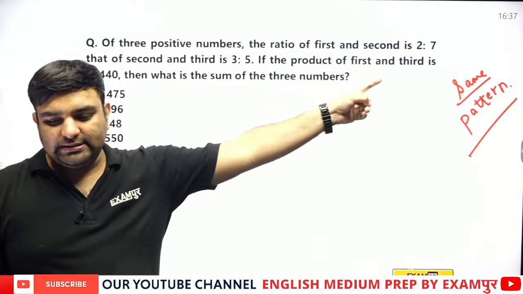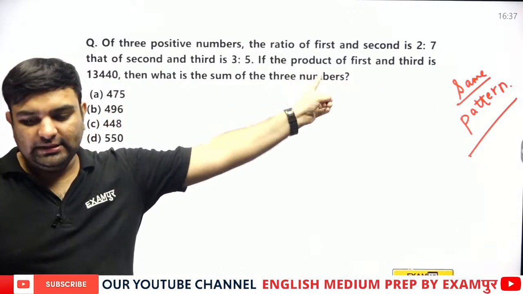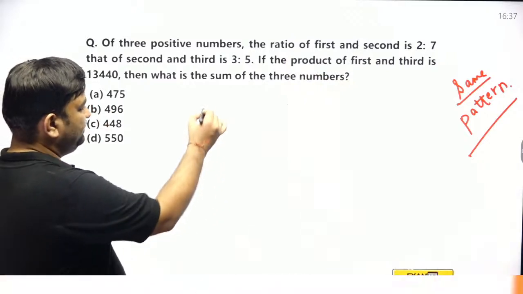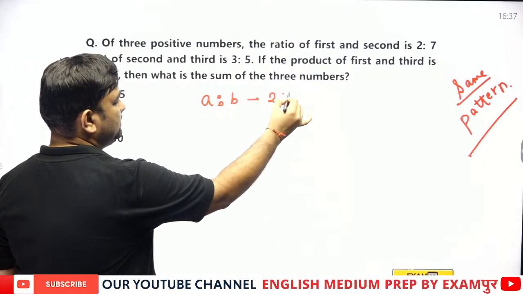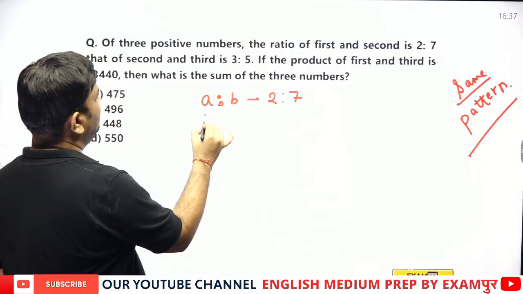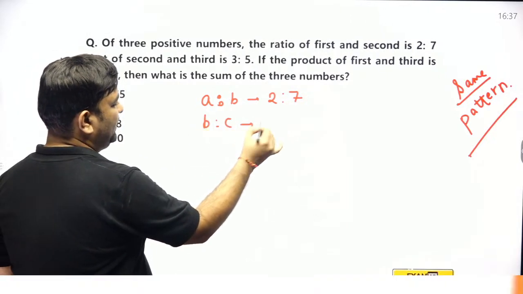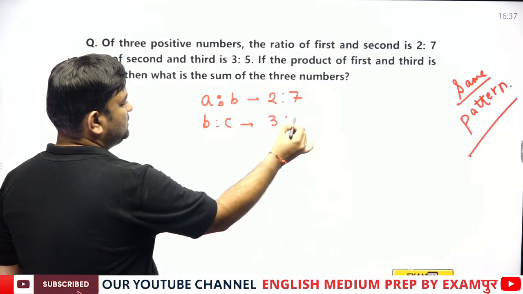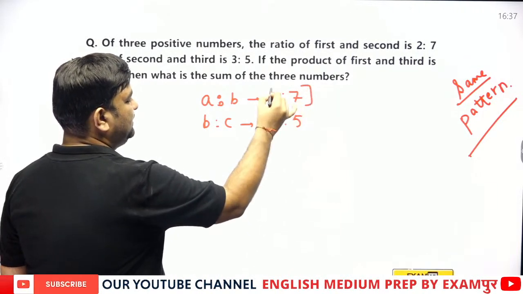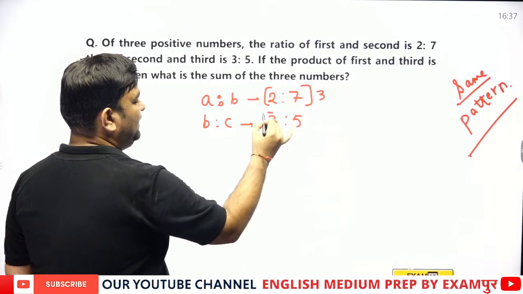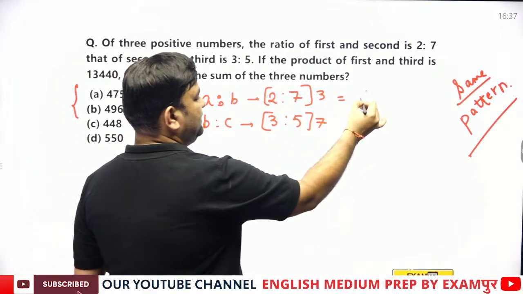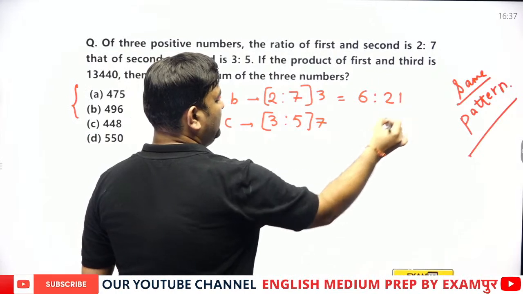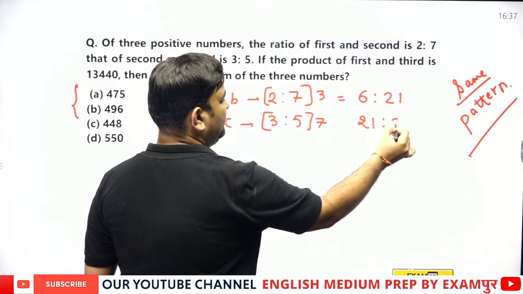We have done this exact ratio in the previous question. 2:7, 3:5. So we multiplied it by 3 and we multiplied it by 7 to make B same. 7, 21, 21, 35.